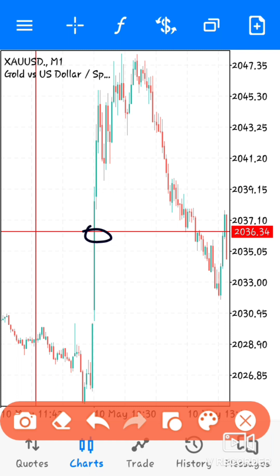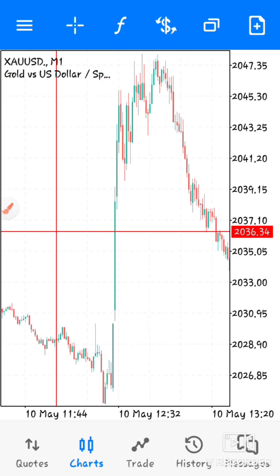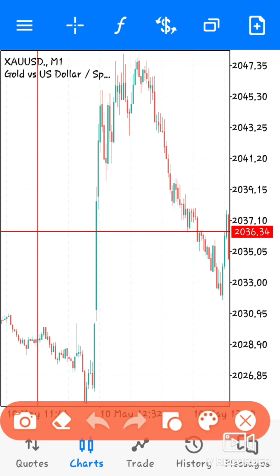Immediately the price is at our resistance level, we want to be set for our entry pattern to be played out before we go for a sell. Right here you can see what happened. Price came up, gave us a pullback, and created liquidity here.